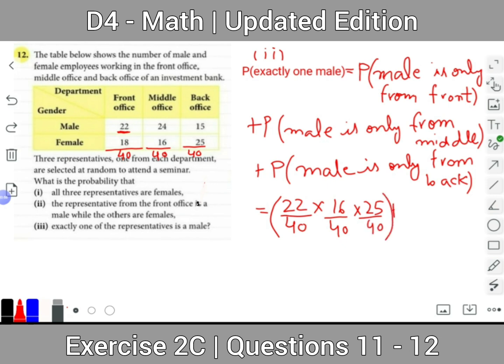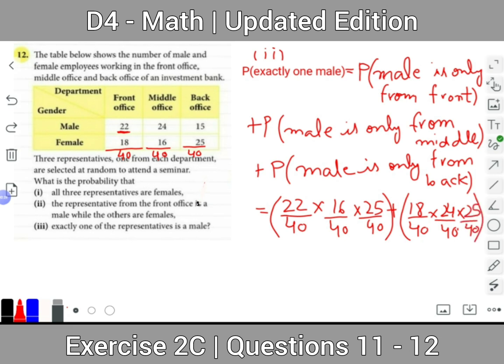plus now for the probability that male is only from middle office, so the number of women in the front office is 18 over 40 multiplied by the number of male in the middle office is 24 over 40 multiplied by the number of women in the back office is 25 over 40.